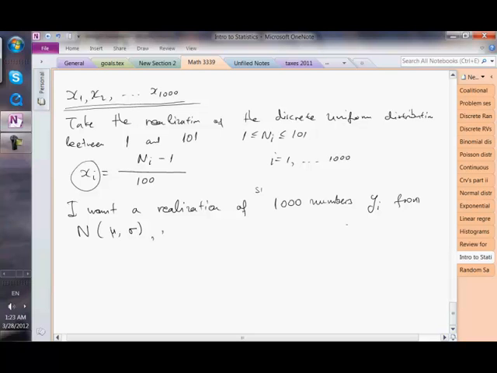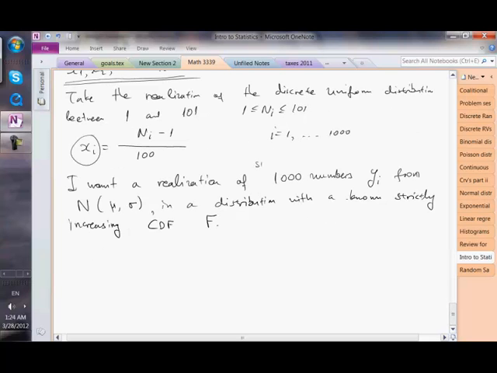In general, from a distribution with a known strictly increasing CDF, cumulative distribution function F.